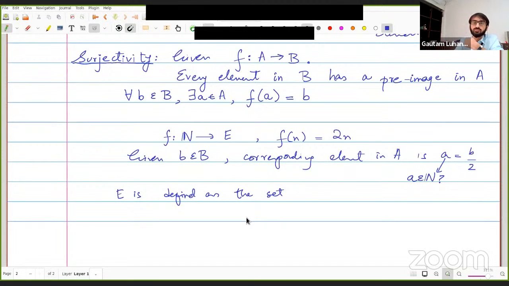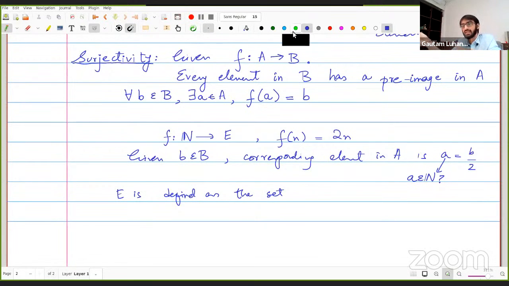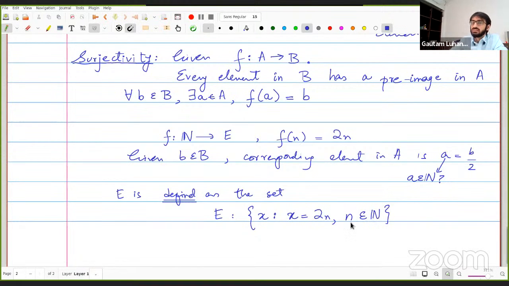The argument that we have to make is that every element in E has a corresponding element in N, and you're sort of onto it. The idea is actually hidden in the way you define the set of even numbers. The set of even numbers is the set of x such that x equals 2n, where n is in the set of natural numbers.